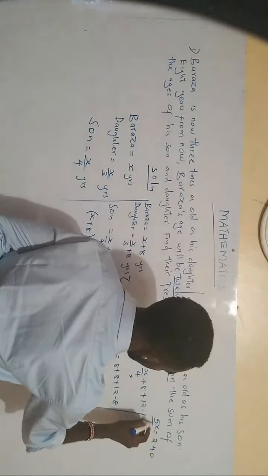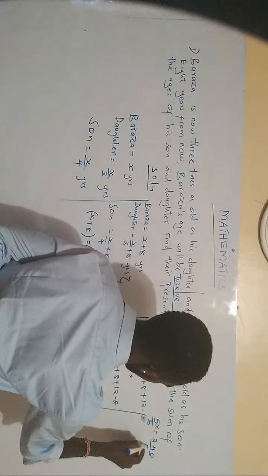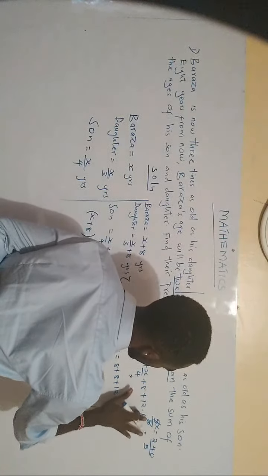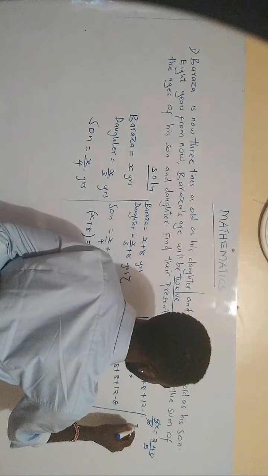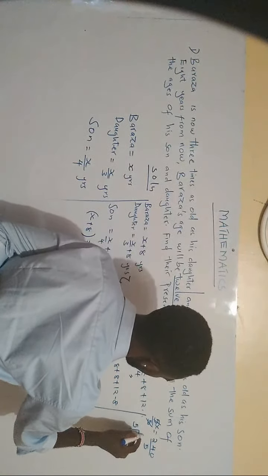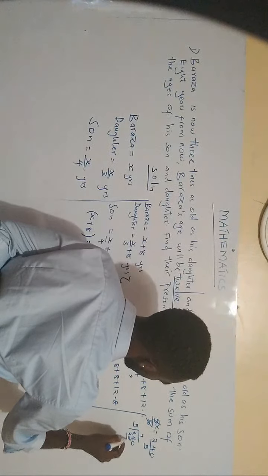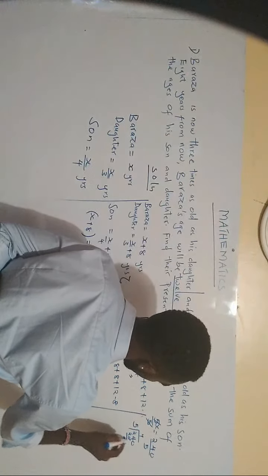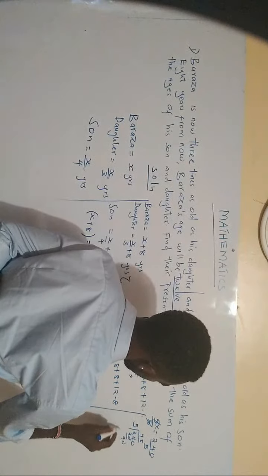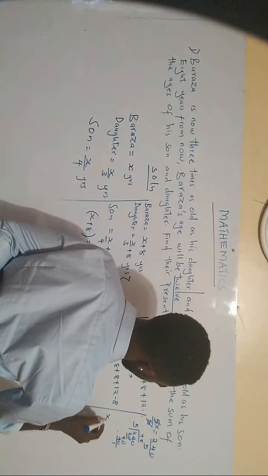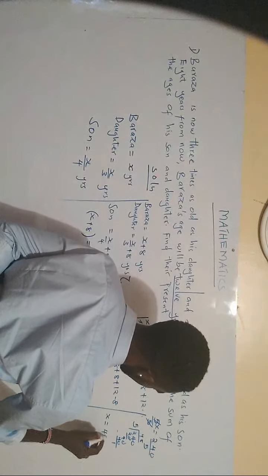To get x, divide by 5. 5 into 24 goes 4 times, which is 20, and into 40 goes 8 times, which is 40. So x is equal to 48.